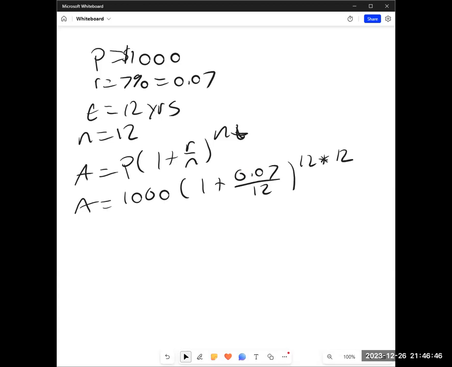Let's figure that out. 1,000 times 1 plus 0.07 divided by 12, and that's raised to the 144th power. It's going to be $2,310.72.